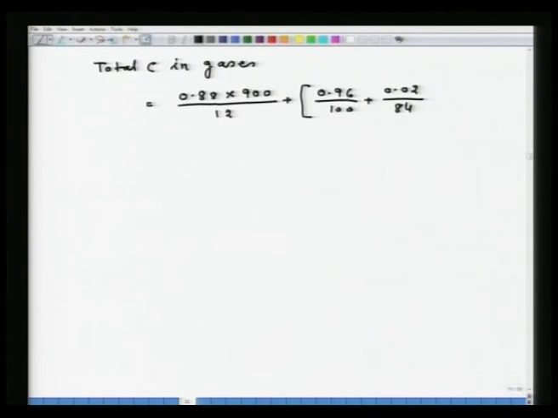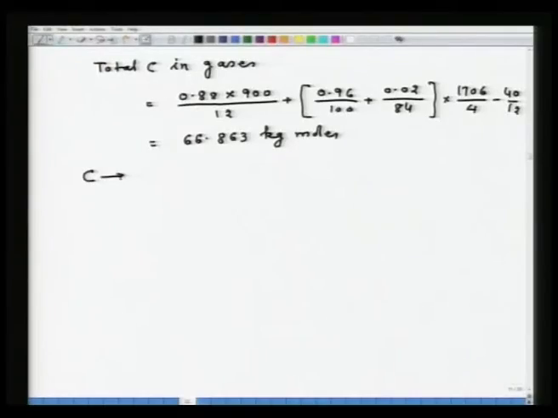This is carbon from CaCO3 and from MgCO3, into 1706 upon 4, and minus 40 upon 12, that is carbon in pig iron. So, we get the total carbon in gases, it comes around 66.863 kg moles. Now, the CO-CO2 ratio is given as 2:1.